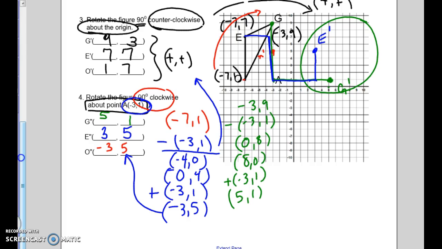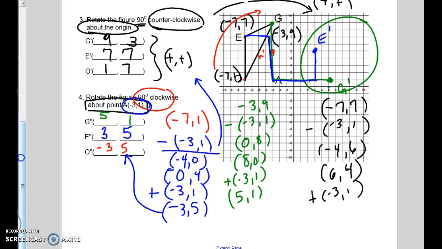And mathematically, E is at negative 7, 7. I'm going to subtract the negative 3, 1, which would give me a negative 4, 6. I'm going to switch my numbers to be 6, 4. My numbers need to be positive, positive. And then I have to add back in the negative 3, 1. That would give me 3, 5, which is what we got.